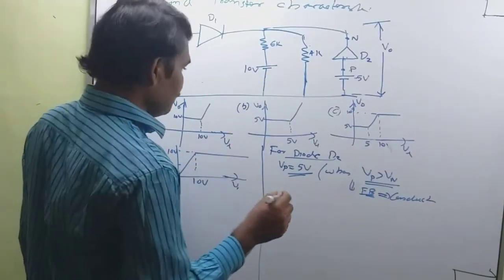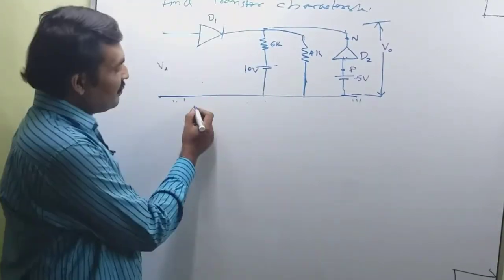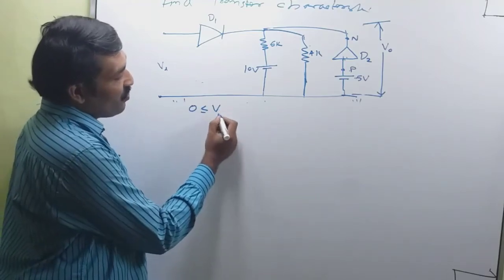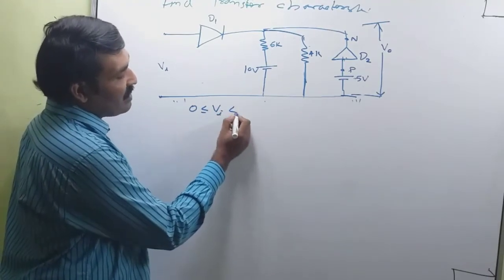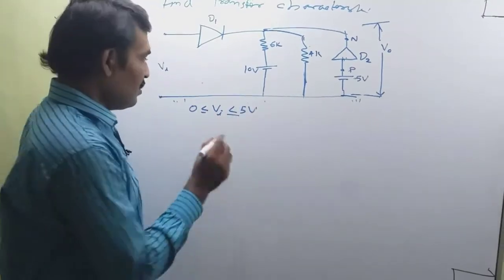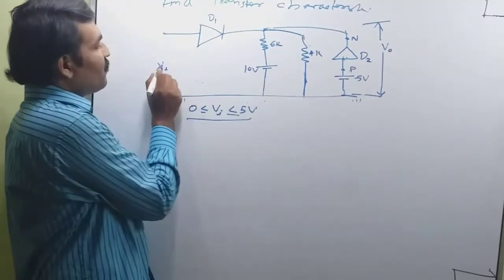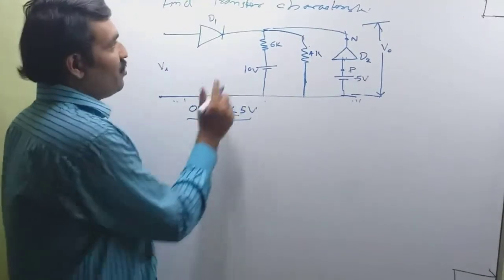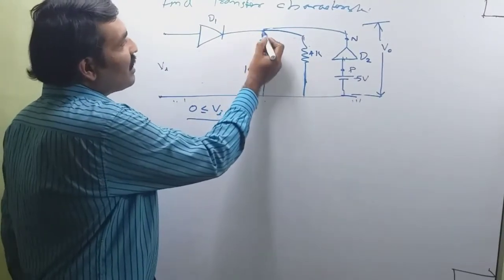Now consider the interval 0 less than or equal to V input less than or equal to 5 volt. That means this voltage is in between this range, that is less than 5 volt. So what happens at this point?